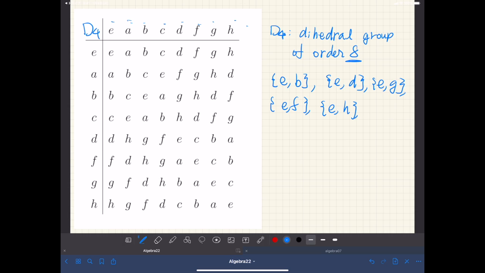These are subgroups with 2 elements, of order 2. Another subgroup is {E, A, B, C}, a subgroup of order 4. Then {E, B, D, G}, and {E, B, F, H}.